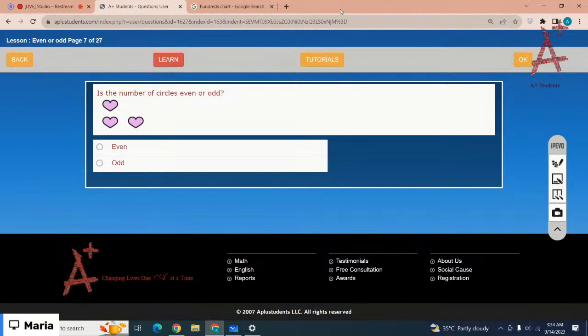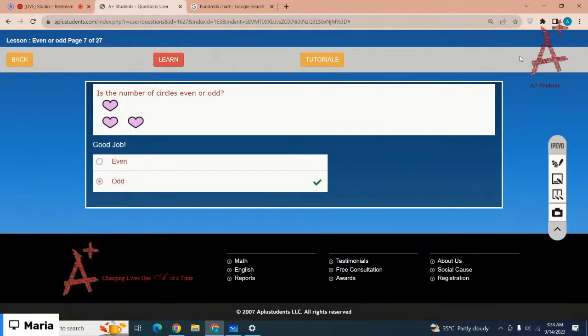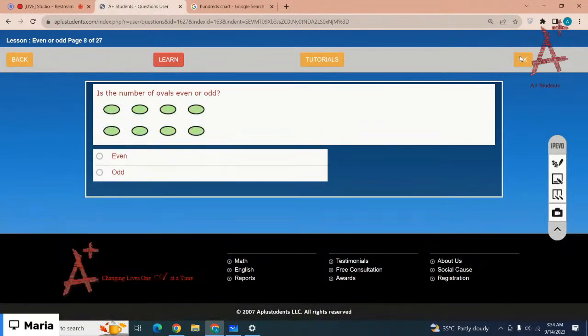Yes, they are odd numbers because when you make a pair, one of the hearts is still left. That would be odd numbers, right? Okay, is the number of ovals even or odd? Which is the correct option? When you make the pairs of the ovals, you are left with no oval.